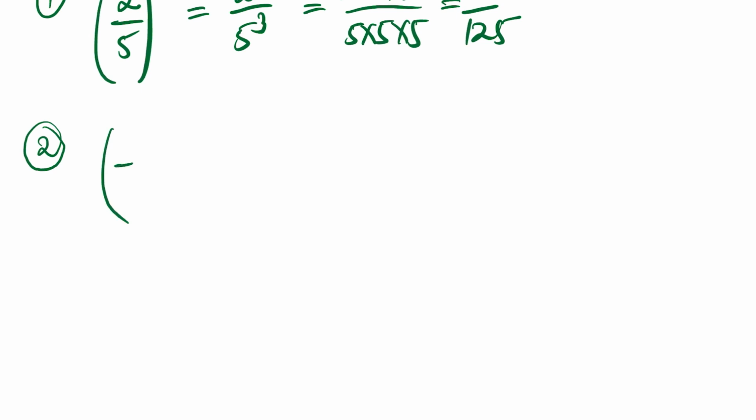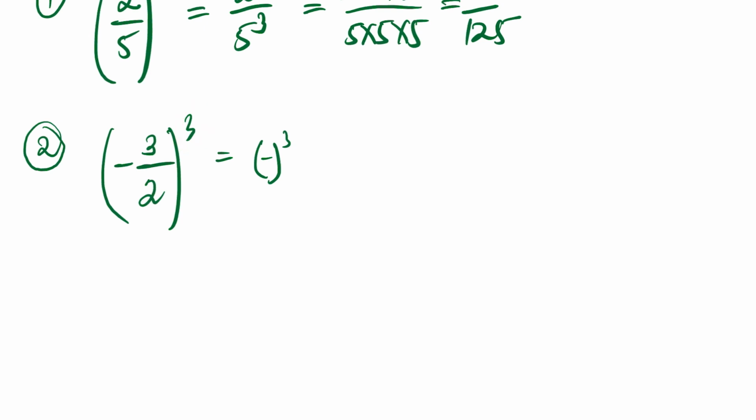Okay, let's look at the following problem. Now let's take the negative of 3 over 2, cubed. The negative, we cube it there. That means everything that is inside there, we cube it.